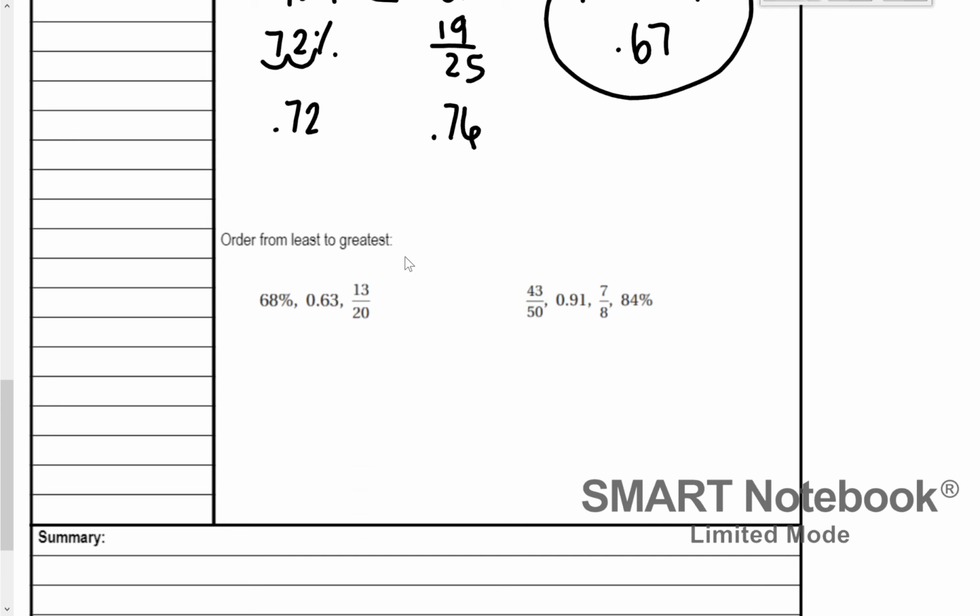Last but not least, let's order some things from least to greatest. Again, you're going to want to get them all into one form, okay, because you can't compare a fraction to a decimal because we don't know how they compare. I would, again, get them all to decimals. I think that's the easiest way. If you feel getting them all to fractions is easier, go for it that way. It doesn't really matter. Put in our decimal, move it over. 13/20, so we'd take in our calculator, 13 divided by 20.